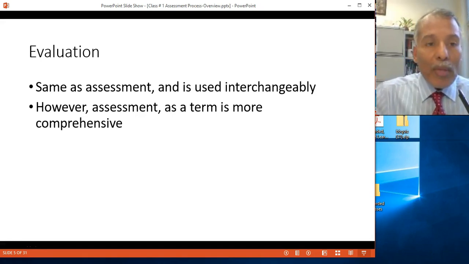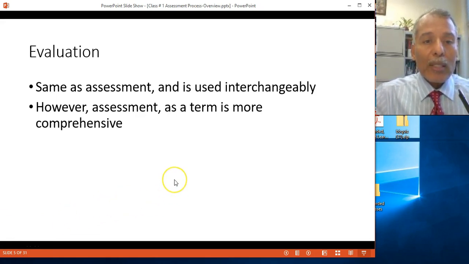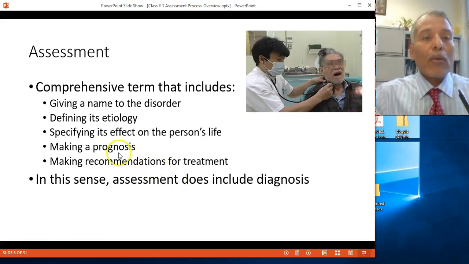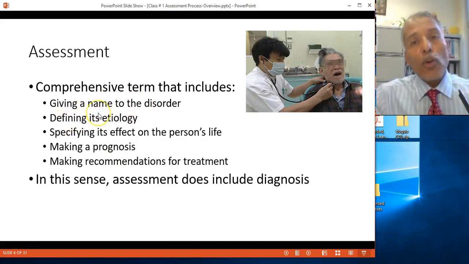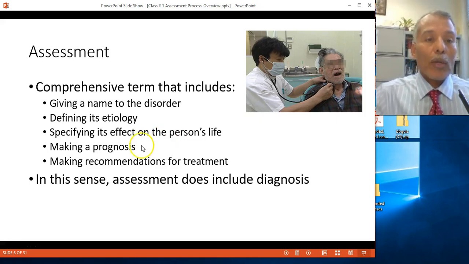So again, the term assessment is comprehensive, and it includes diagnosing the problem, giving a name to it, defining the etiology, or trying to look at the causes of the problem, specifying the effect of the disorder or the problem on the person's life, academic success, work, social relationships, and so on.